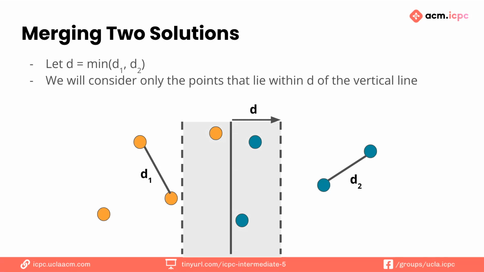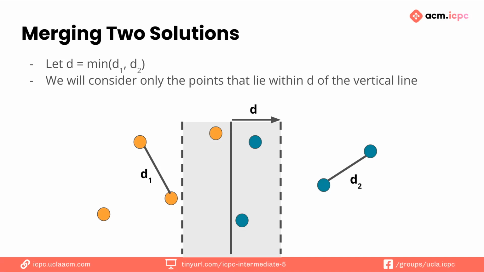Because if you have some point here that's not within this strip of area, then the distance from all of these 3 points to some point on the right would be greater than D. Does that make sense? For example, if you took this point and paired it with some point on the right, then obviously the distance would be greater than D, and so we know that the pair wouldn't be the minimum. So we only have to consider points within the strip.